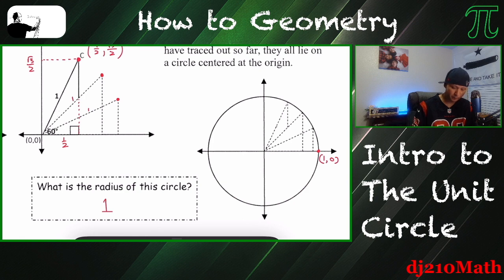That's a pretty important point. This is going to be 0, 1. Here's -1, 0, right? Because we're going in the negative X direction. Negative numbers are to the left. Then this is going to be 0, -1.